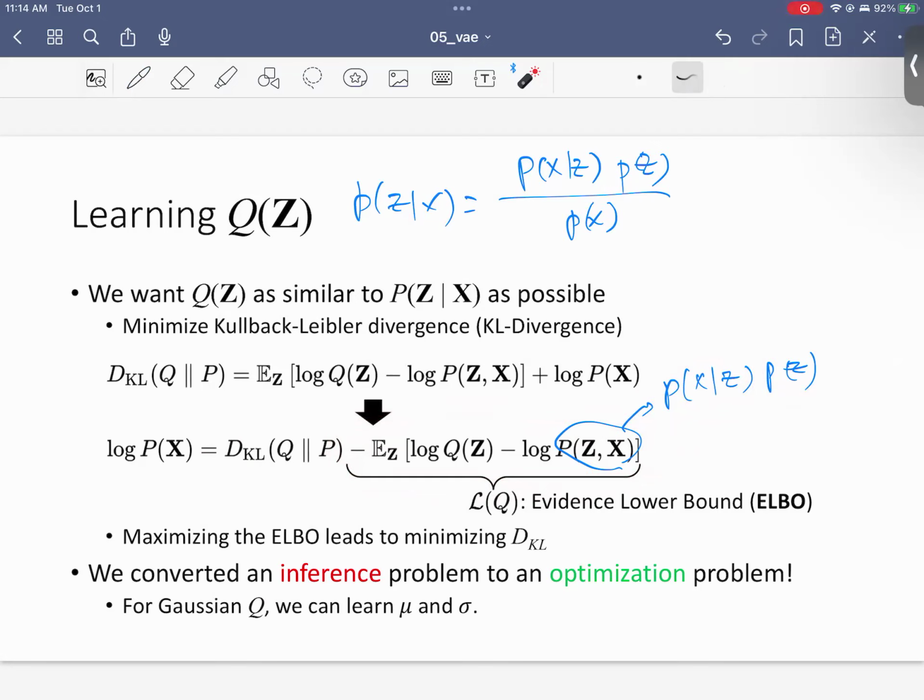Question: if you keep updating or optimizing, will we eventually get the KL value close to 0? Yes, because D_KL is a divergence, so we want to make it as small as possible.